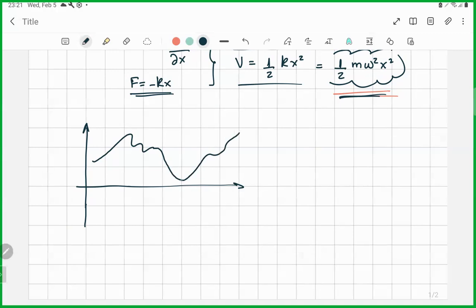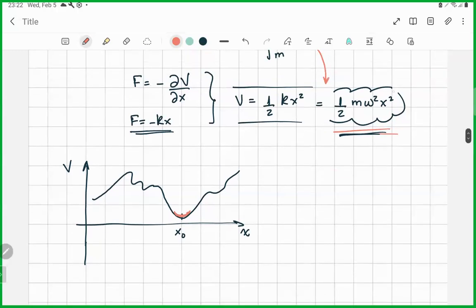And here, around this minimum, we can approximate this complicated potential with this parabola. Parabola means this x squared. How do we know that?